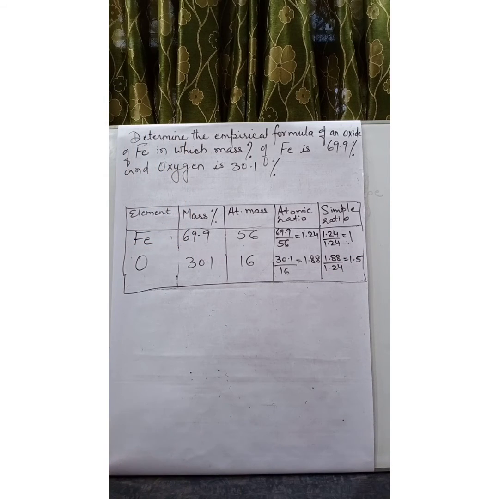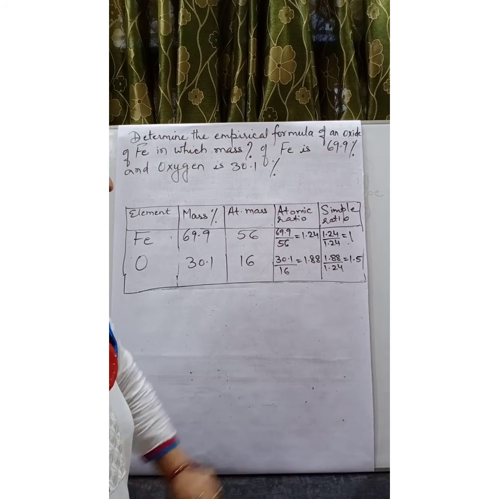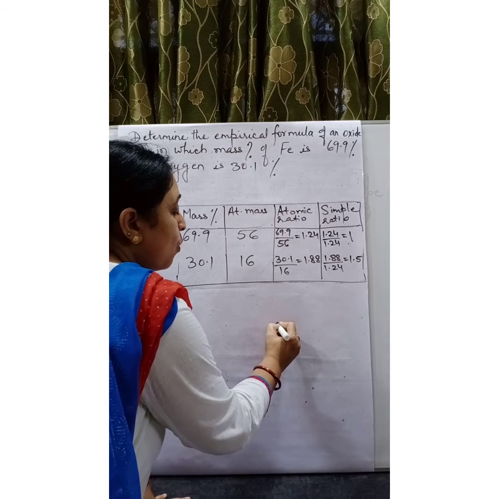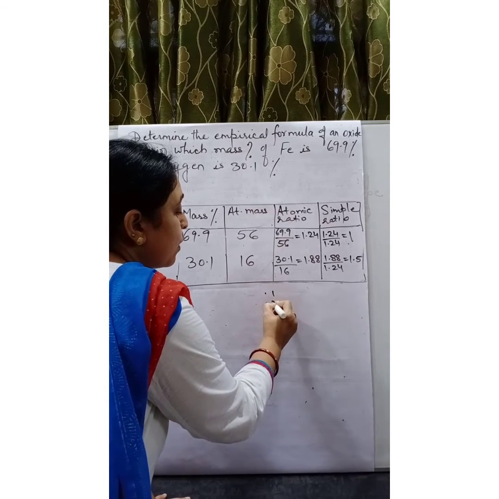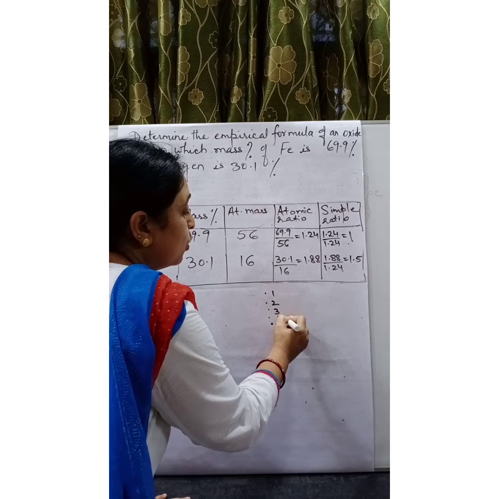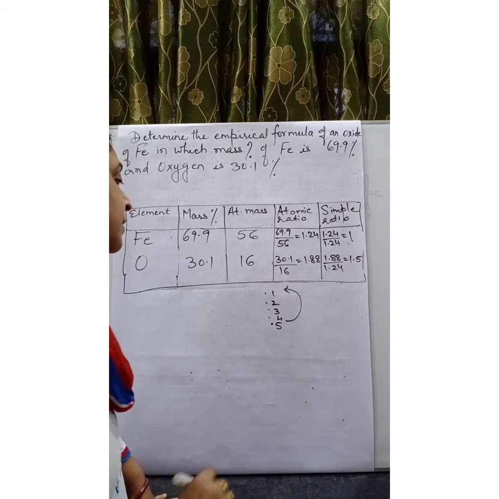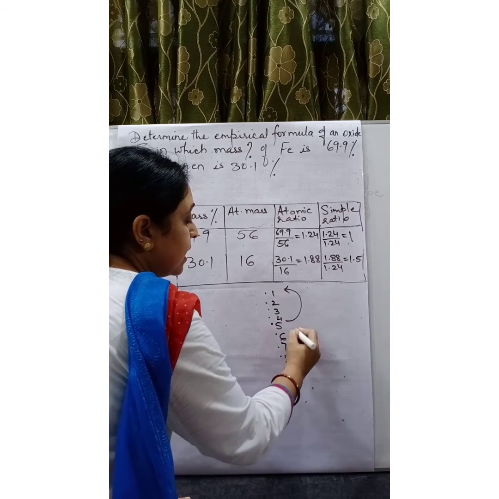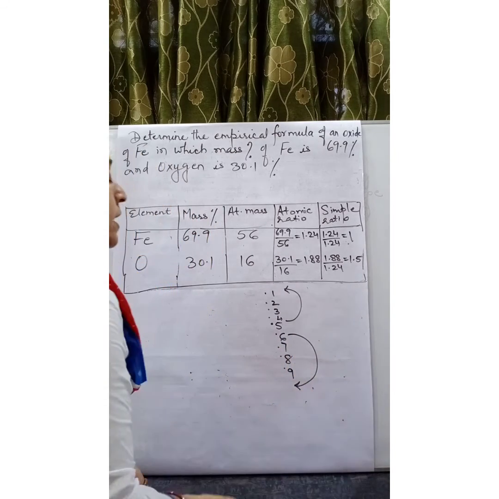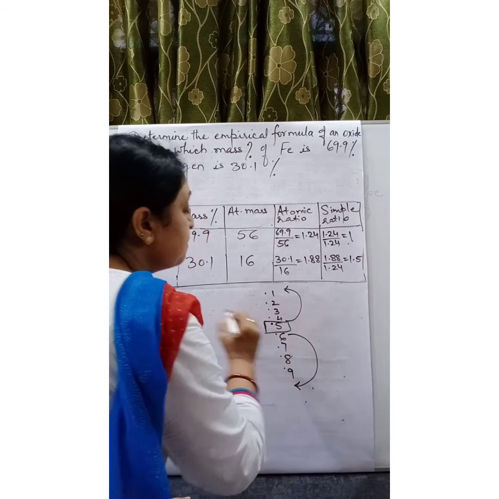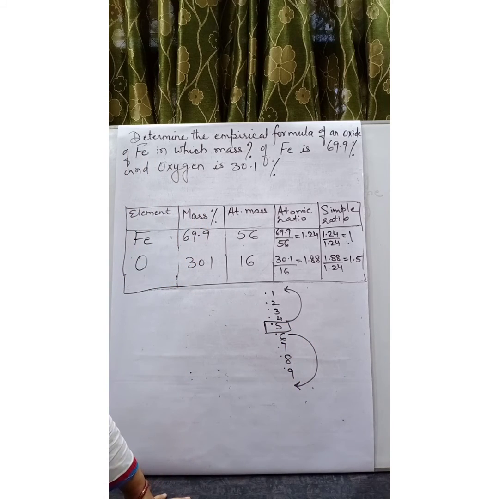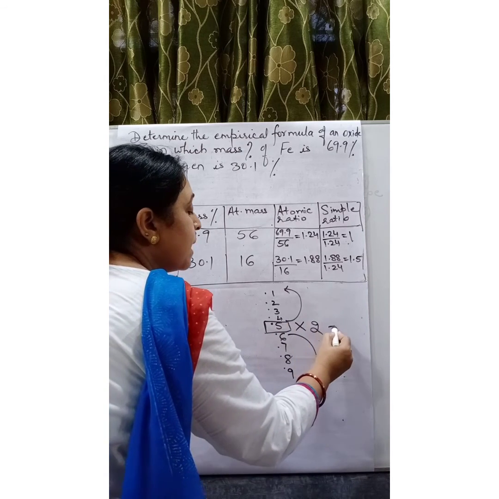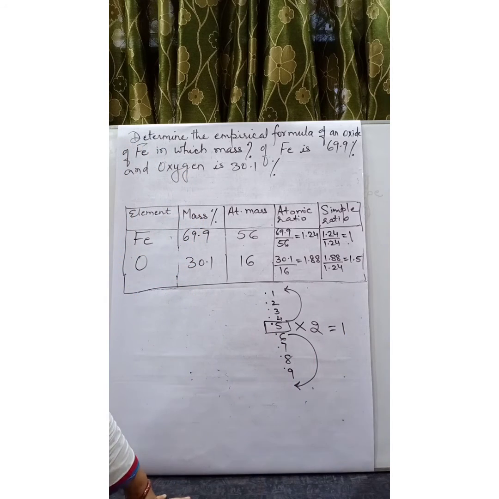Now in the previous numerical we rounded off, but remember: when you get 0.1, 0.2, 0.3, 0.4, round off to the previous number. When you get 0.6, 0.7, 0.8, 0.9, round off to the next number. But when you get 0.5, how to make it a whole number? Multiply it by 2. When you multiply 0.5 by 2, you get 1.